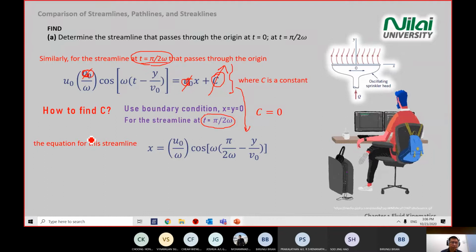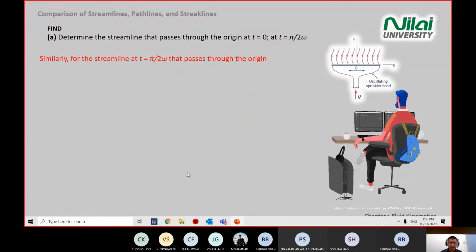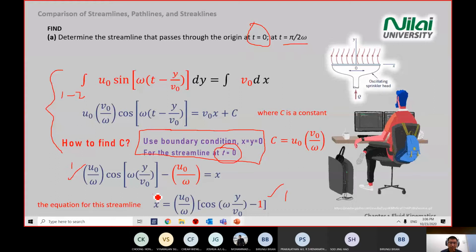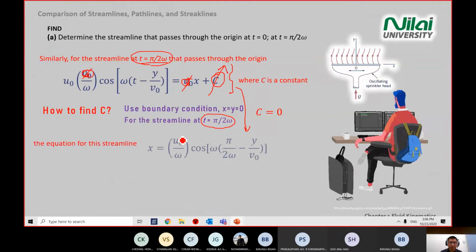So we have two equations for streamline A. Meaning question 16, streamline A, you have two answers. One is this equation, and another one, this one. Okay. Yeah. All right. So you do the same also.